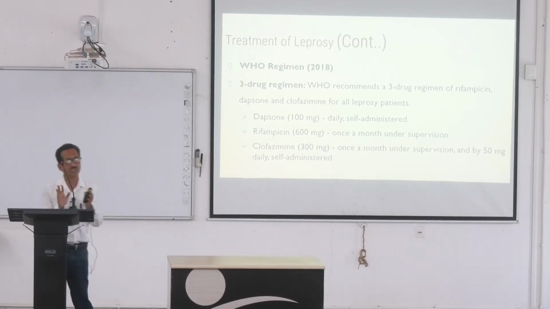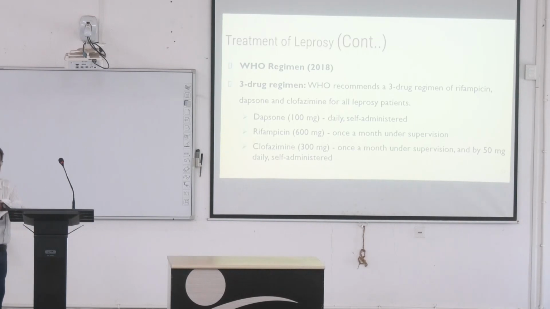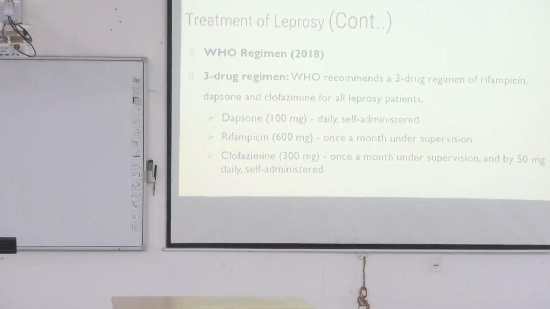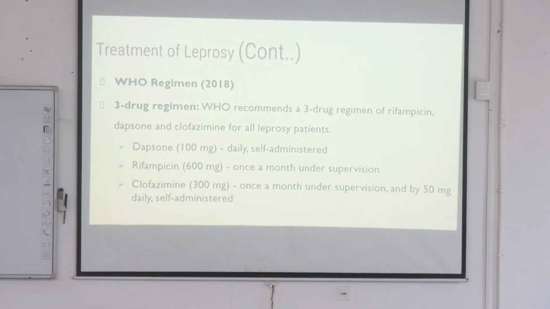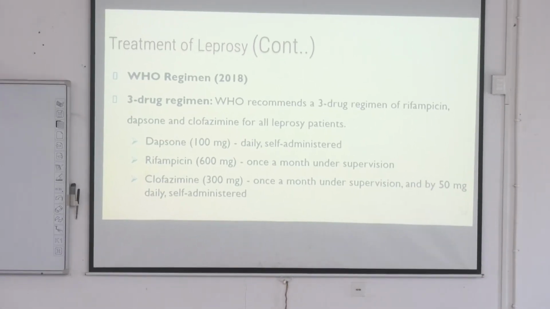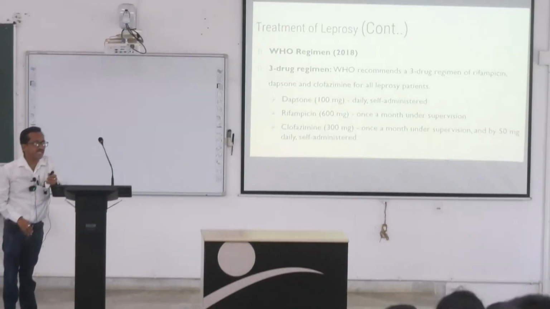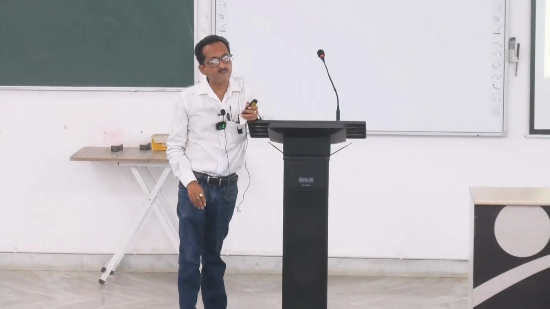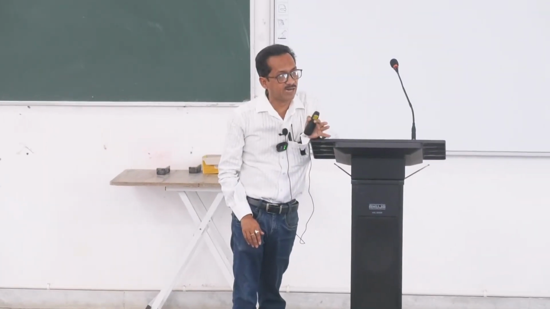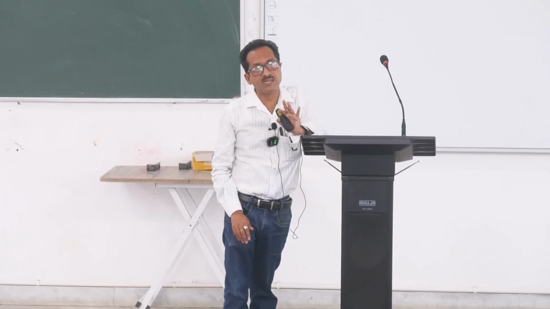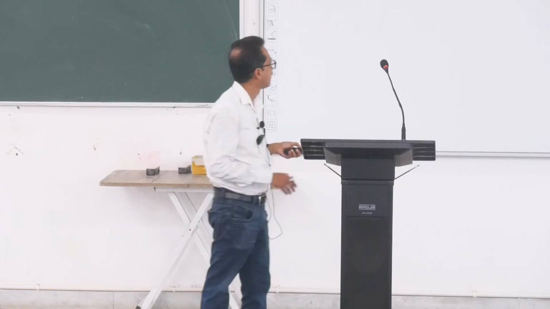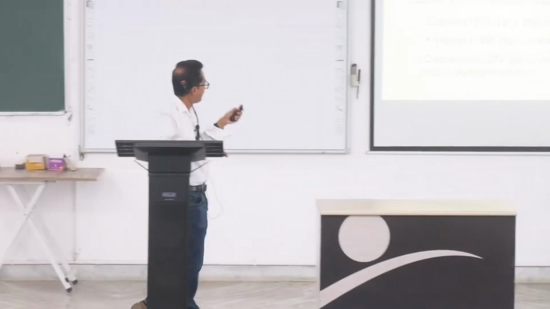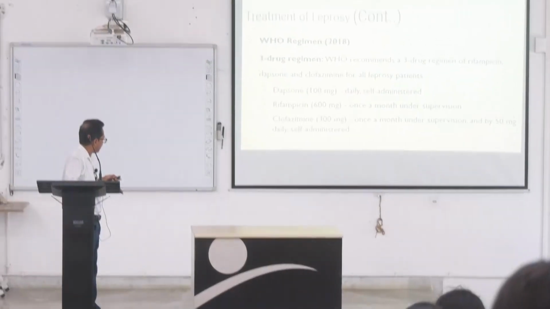So the patient takes dapsone 100 mg daily and clofazimine 50 mg daily at home, but comes to the center for supervised rifampicin 600 mg and clofazimine 300 mg once a month. This is the treatment protocol.